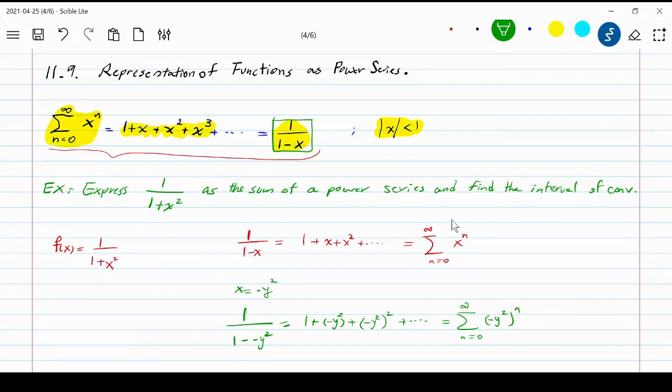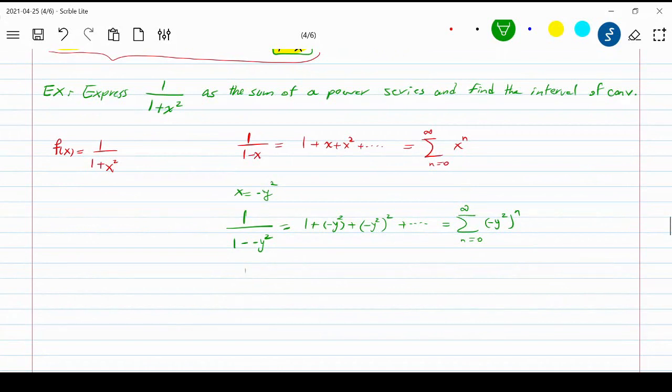Right, so basically what we can say is that 1 over 1 plus y squared could be written as 1 minus y squared plus y to the power 4 minus y to the power 6 plus so on. This is exactly the same as the sum of negative 1 to the power n, y to the power 2n, as n goes from 0 to infinity.